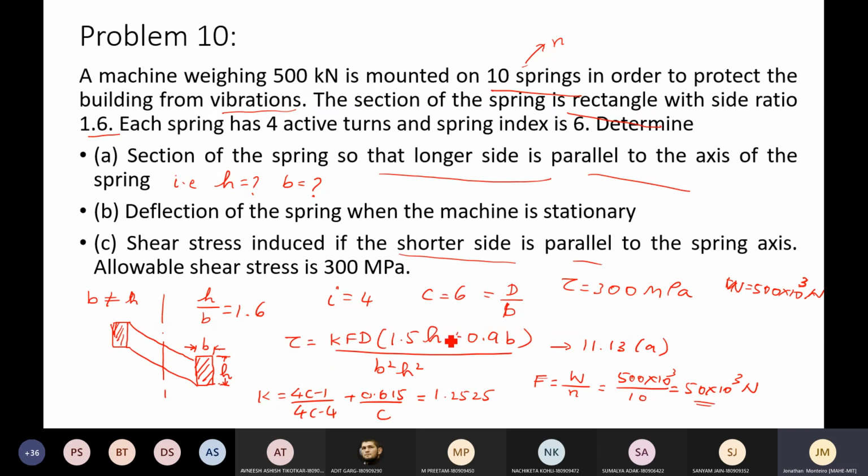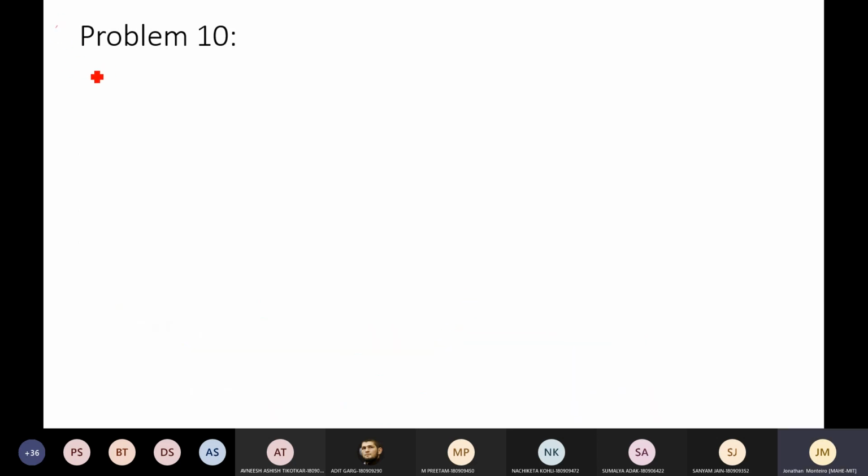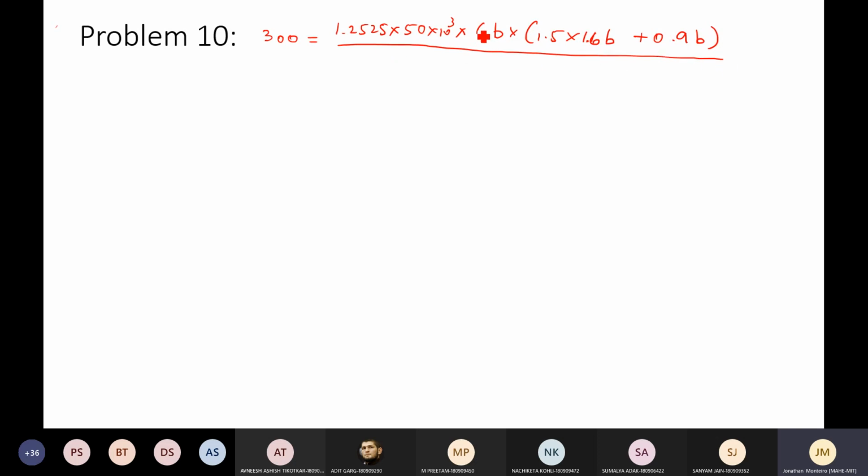So I'll write the equation: 300 will be equal to, just follow the equation, 1.2525 into 50 into 10 power 3 into D, which is 6 times B, multiplied by (1.5 H, where H is 1.6 times B, plus 0.9 B) divided by B square into (1.6 times B) the whole square.